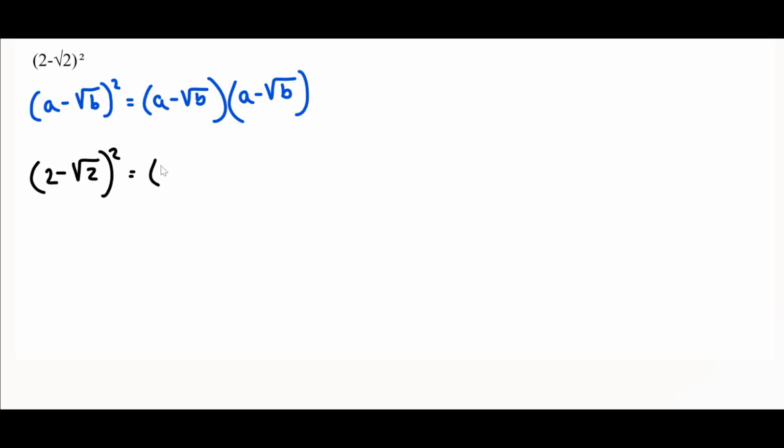So for this question, that will give us brackets 2 minus root 2 brackets 2 minus root 2. Multiply across.